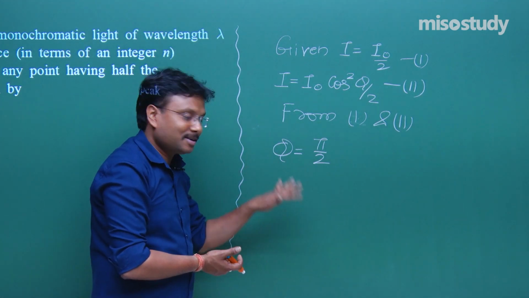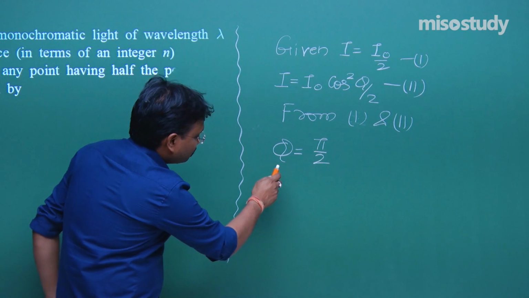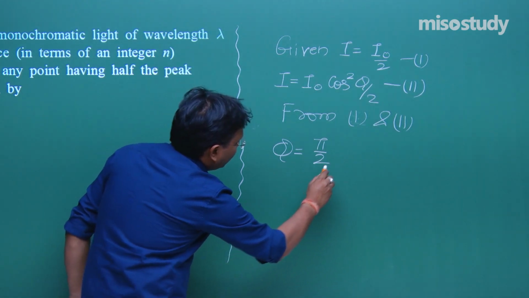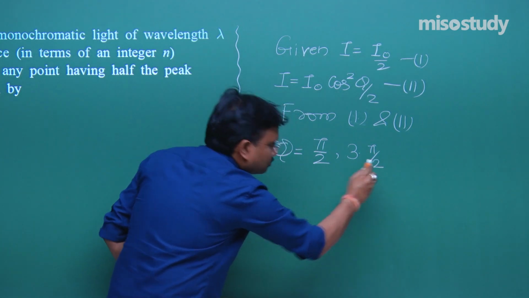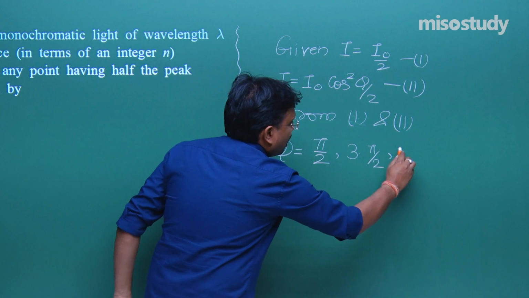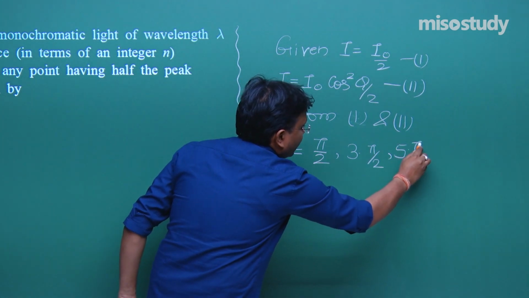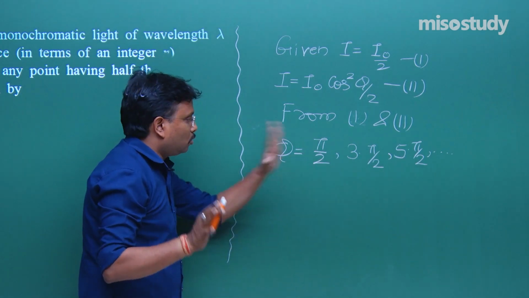I explained it, only I am not writing it. Phi is equal to pi by 2. Next is 3 into pi by 2. Another possible value is 5 into pi by 2 and so on. We need not consider all those values.